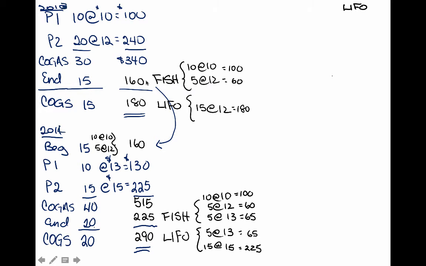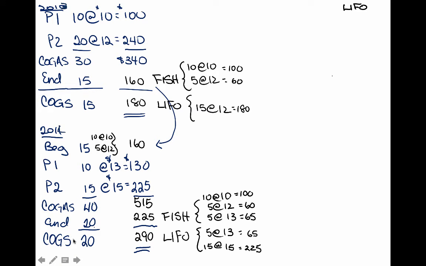And because ending inventory is made up of two layers, beginning inventory in 2014 is made up of a 10 at $10 layer and a 5 at $12 layer for those 15 units in beginning inventory. We then purchased two more purchases. So in 2014 we have 40 units available for sale at a total cost of $515.